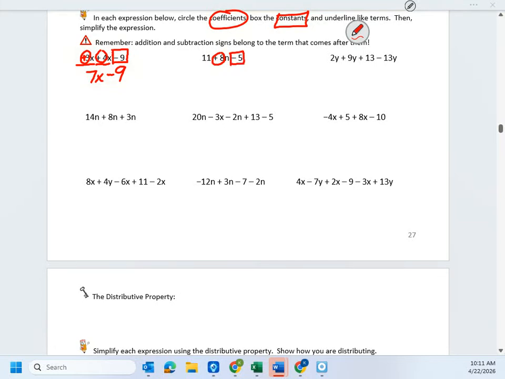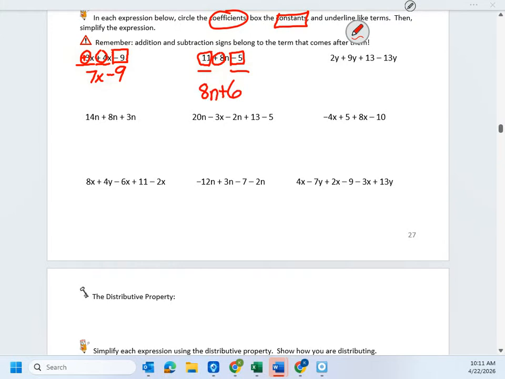Negative 5 and that positive 11. What are my like terms that I'm going to underline? Colton? 11 and negative 5. So let's combine them. What is 11 and negative 5? Henry? 6. Because 11 minus 5 is 6. And I have my 8n.